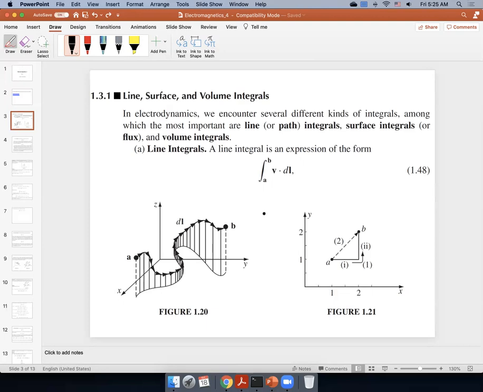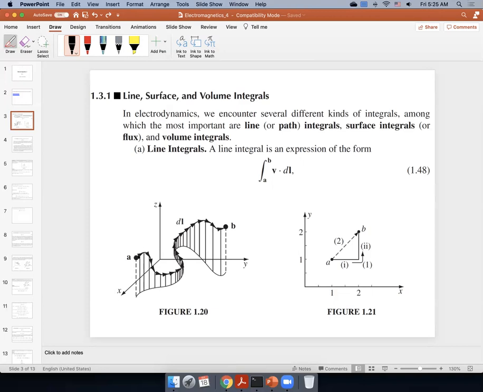So you want to do an integral along this path. So if you chop the path into small pieces or infinitesimal segments, you will see this is dl, dl, and dl. So it has a lot of dl's, which are shown in arrows here.